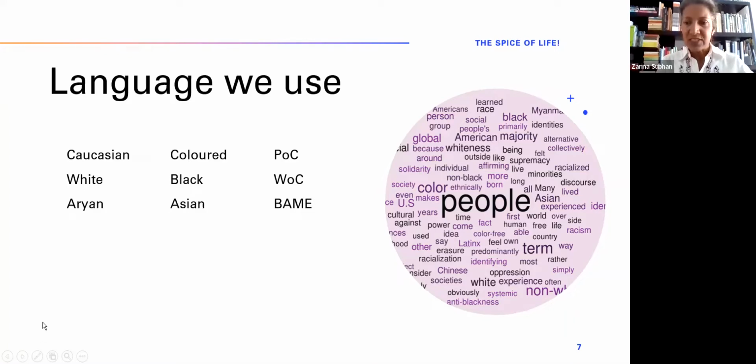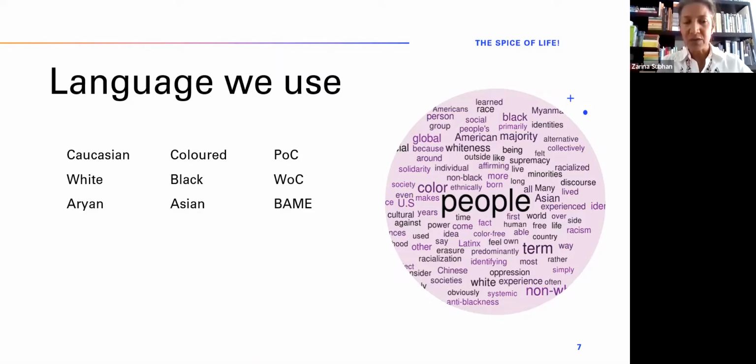And interestingly, is coloured something negative? Is black something negative? Is calling someone Asian something negative? Is it more polite to be calling someone a person of colour or BAME? Well, interestingly, I think it often is what is acceptable in society and isn't.